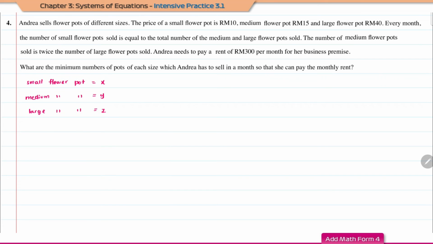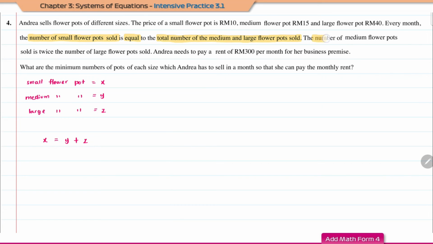So the first one is the number of the small flower pots sold, in this case, which is the x, is equal to the total number of the medium and the large flower pots sold. So here is going to be y plus z.